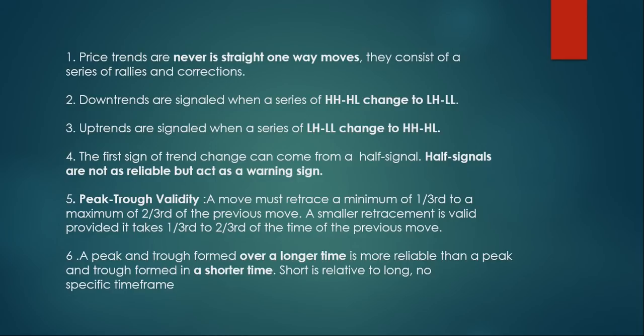Short is relative to long; there is no specific time frame. Whether 30 days is longer or 50 days is longer is immaterial. You have to always compare with a shorter time frame and see which is the longer time frame. So whichever longer time frame peak and trough comes in front of you, you will take that as your major factor. Okay, this actually covers peak and trough analysis as taught by Dow.